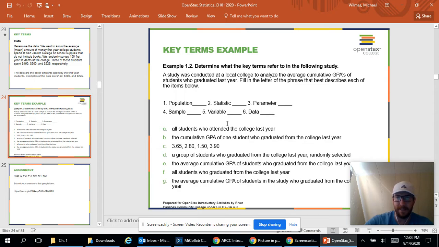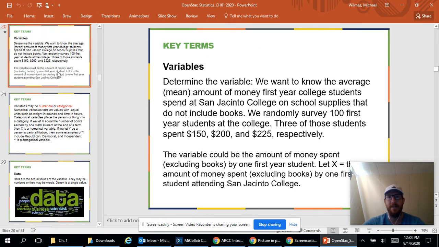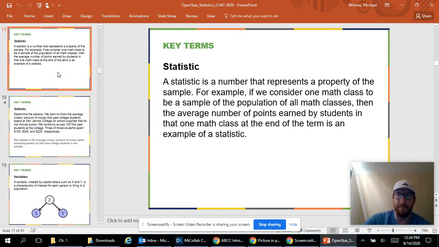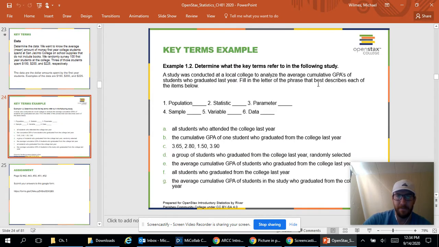Okay, statistic is next. And remember, statistic and parameter, those are kind of the tricky ones. So let's go back to our definition of statistic. It's a number that represents a property of the sample. So, cumulative GPA of one student who graduated from the college last year.